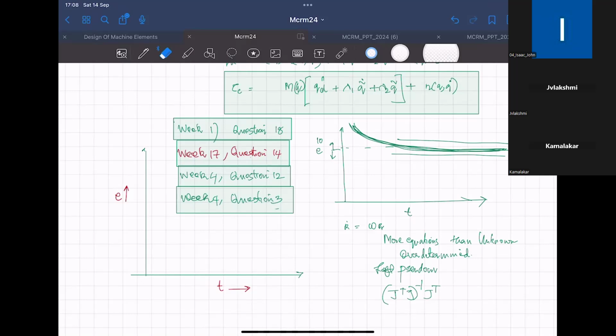Sir, one more, read the question number 2. The initial and final position of a joint variable theta are given as theta i equal to 30 m, theta f equal to 100 m. The total time for the joint to reach from initial position to final position is 10 seconds. Okay, it is my mistake, sir. Now I have a doubt, sir. When it reaches 10 seconds, is the velocity 0 or not?